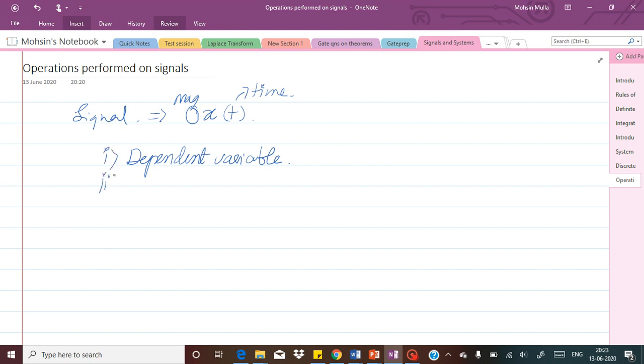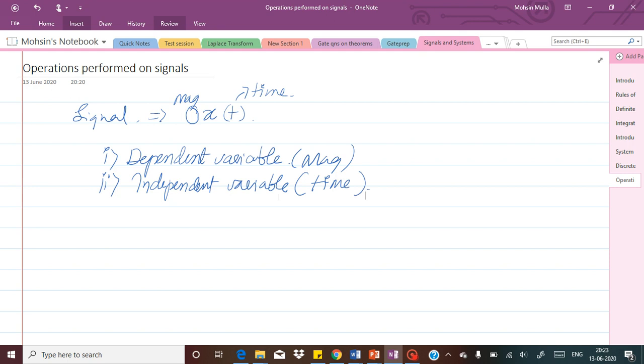So the operations performed on the signal will depend upon these two variables: the dependent variable or magnitude, and the independent variable, that is time.